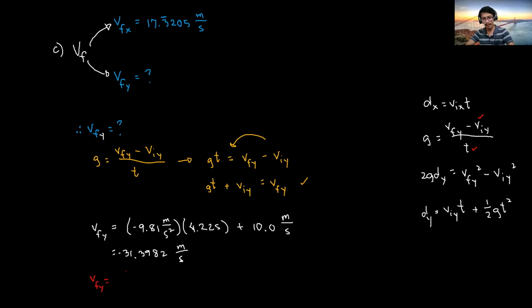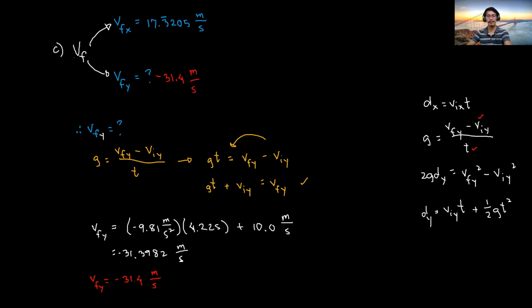VFY is equal to negative 31.4 meters per second. So ito yung VFY natin. Bakit negative? Because it is going downwards. Now, meron na tayong dito. Isulat natin yan dito. That is negative 31.4 meters per second.